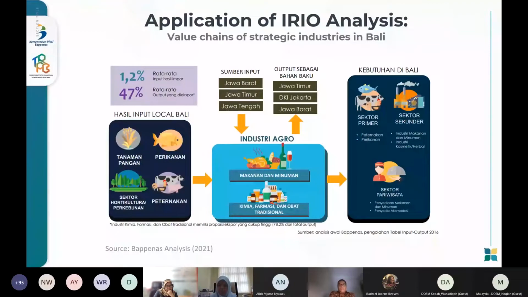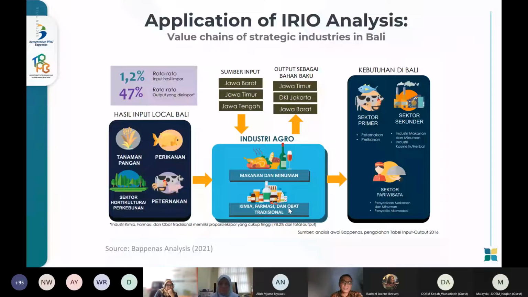And we also use this ERIO table to track value chains or supply chains. Like in the report on transforming Bali, Bali's recovery from the post-pandemic, we identified two strategic industries in Bali: food and beverage industries, and chemical, pharmacy, and traditional medicine.